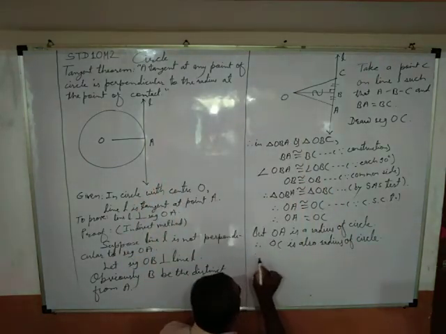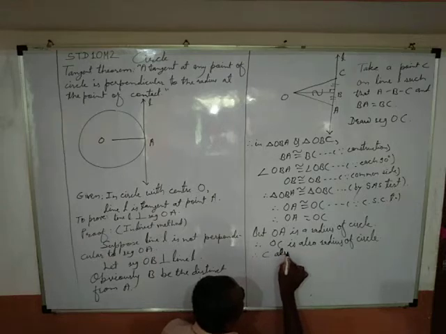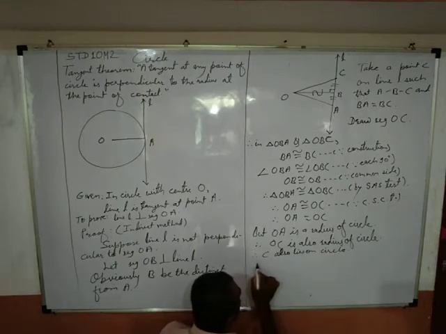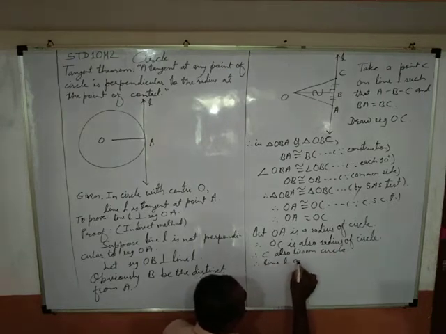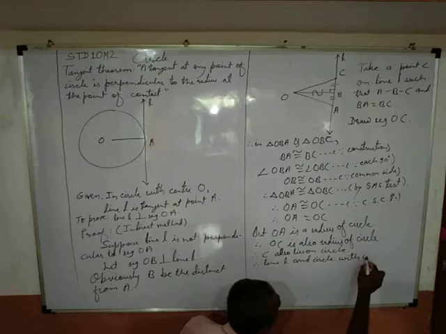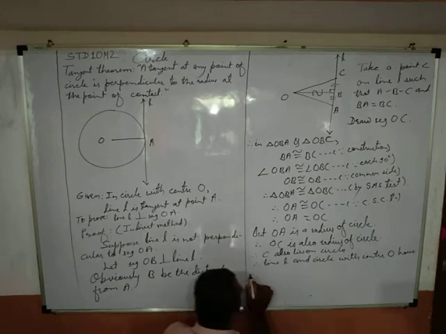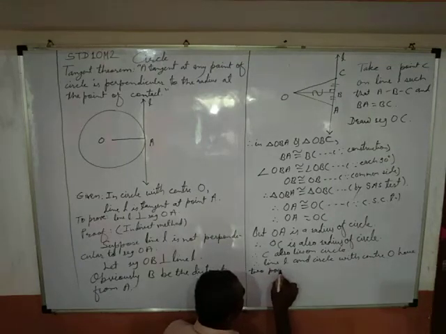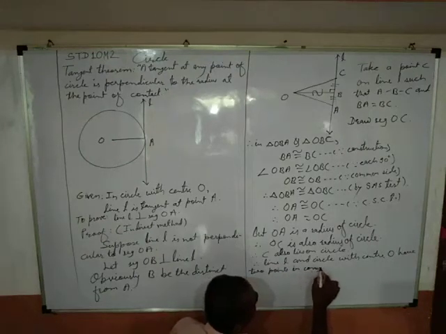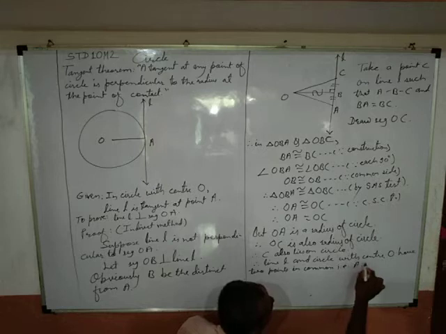Therefore C also lies on the circle, and therefore line L and the circle with center O have two points in common, that is A and C.